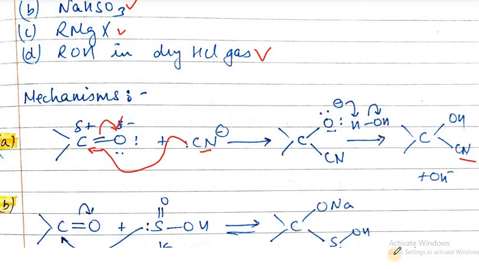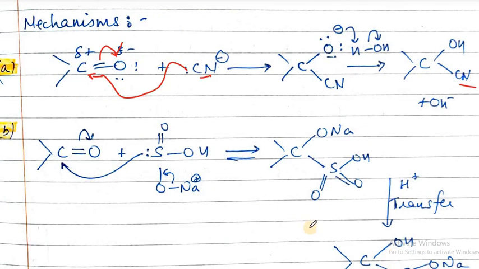Similarly, in the second, sodium bisulfite, we have NaSO3H, that is NaHSO3, so it is written like this. Now through these electrons it will attack this carbon while electrons move towards oxygen.